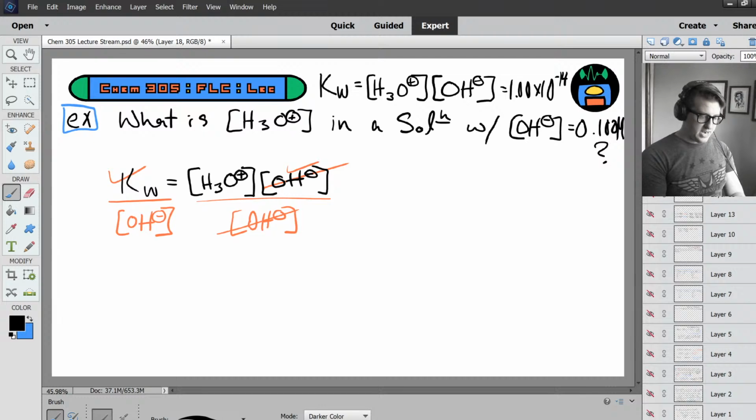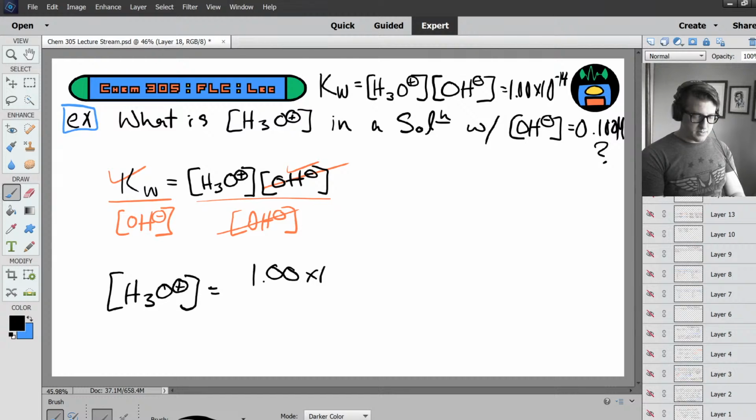So they cancel there, and our concentration of hydronium is equal to, Kw is 1.00 times 10 to the negative 14, and the concentration of hydroxide is 0.100.